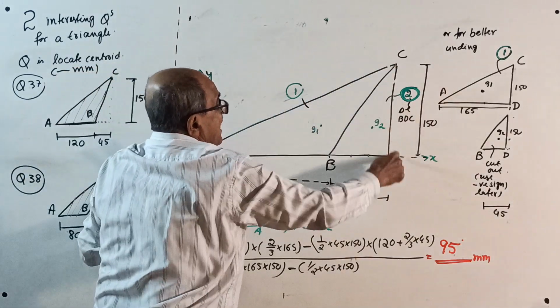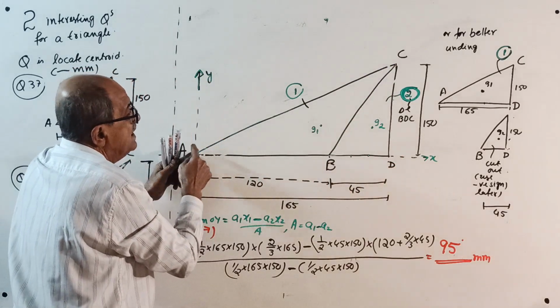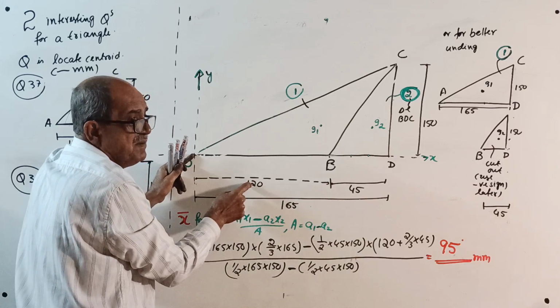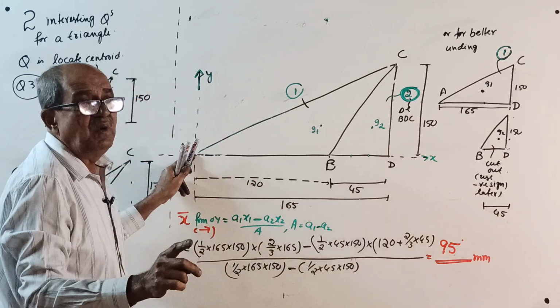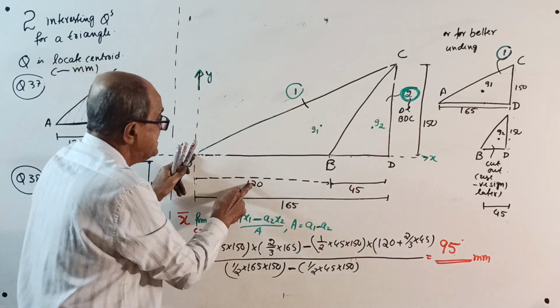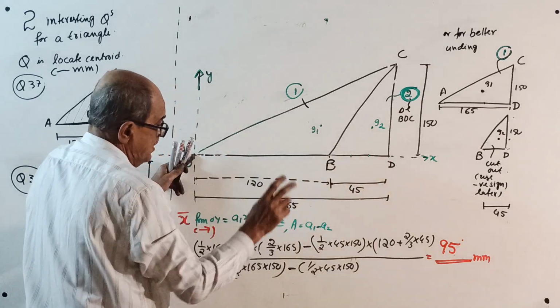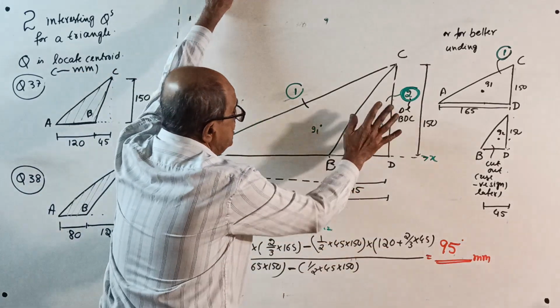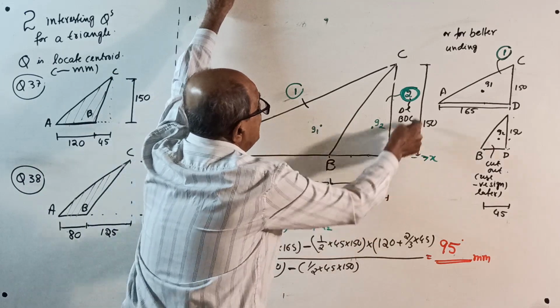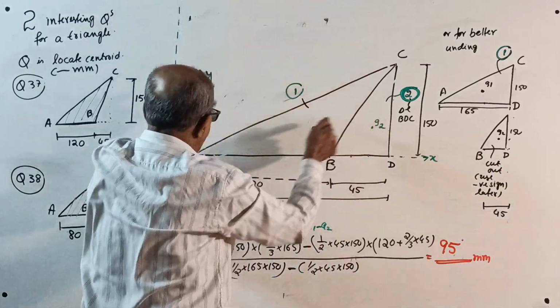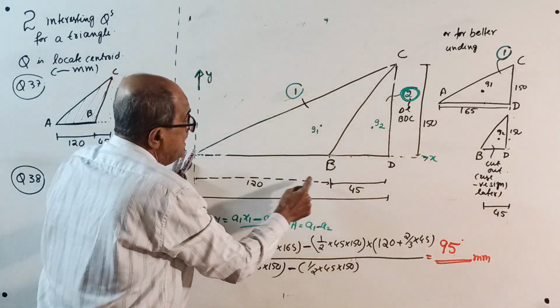For this full triangle, the centroid is 2/3 of 165 from here. 120 is not a dimension now, remember. 120 is not a triangle side. It is only for understanding.